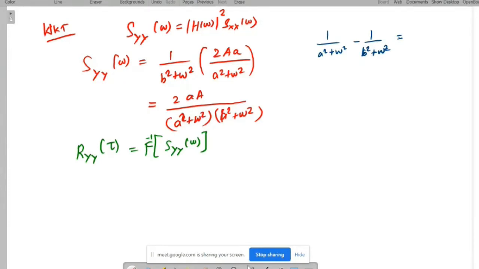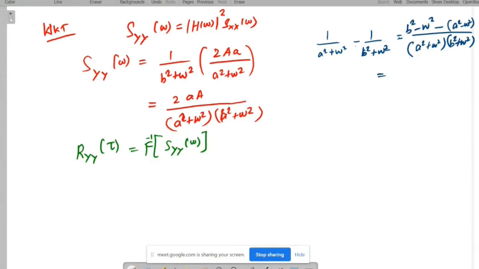Multiply this term to the numerator, and this term to here. After multiplying, you can subtract the numerators. In the denominator, you have to multiply the two factors. From that you may get b square minus omega square minus, this minus is common for the second term, a square minus omega square, divided by a square plus omega square, b square plus omega square, right?